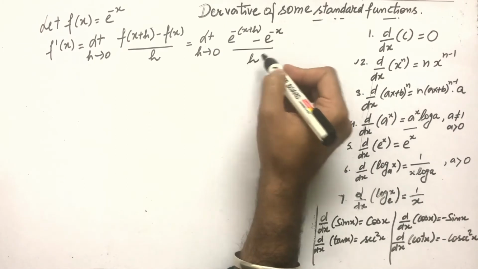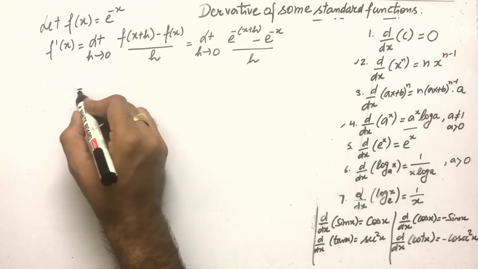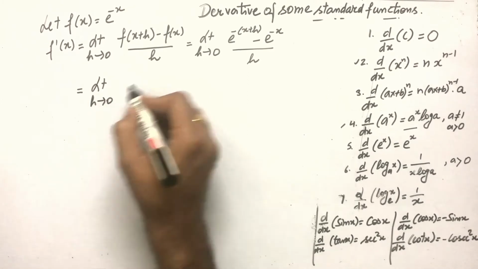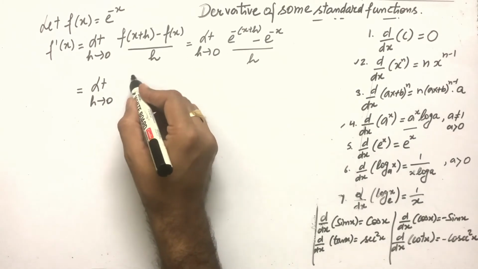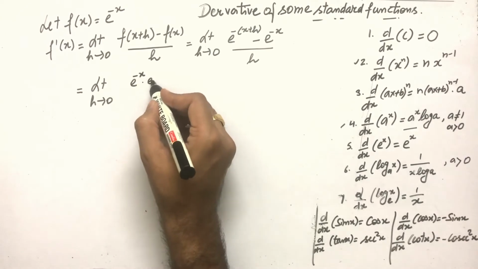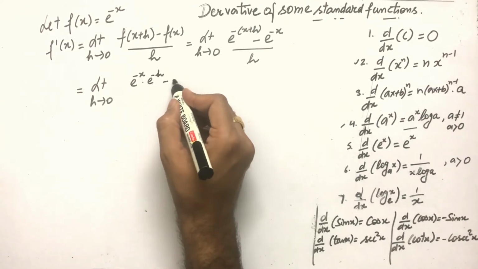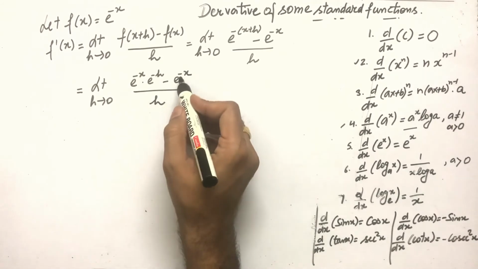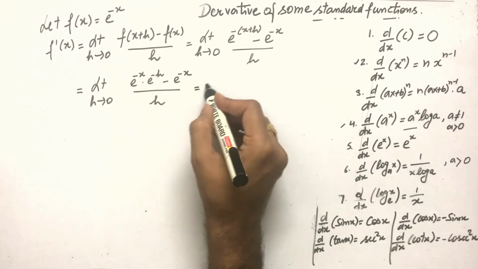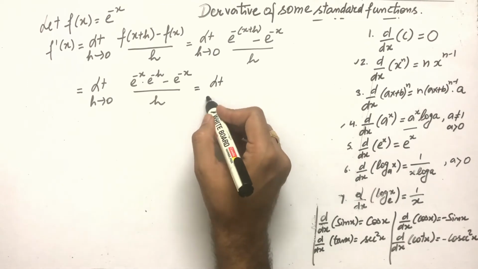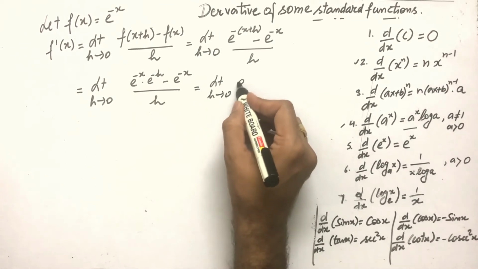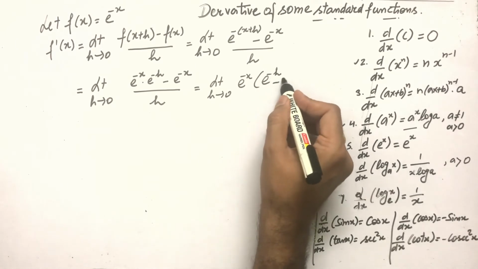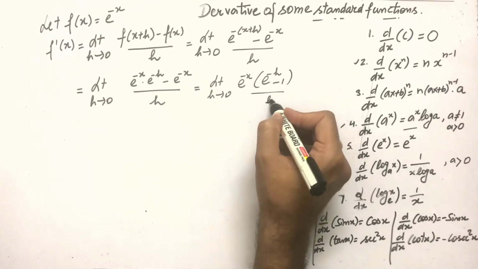upon h. And very easily we can see that this can be written as e power minus x, e power minus h, minus e power minus x, upon h. As you see, we can take common e power minus x and we have e power minus h minus 1 upon h.